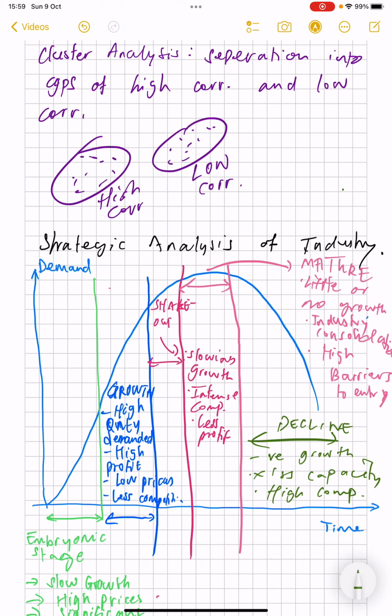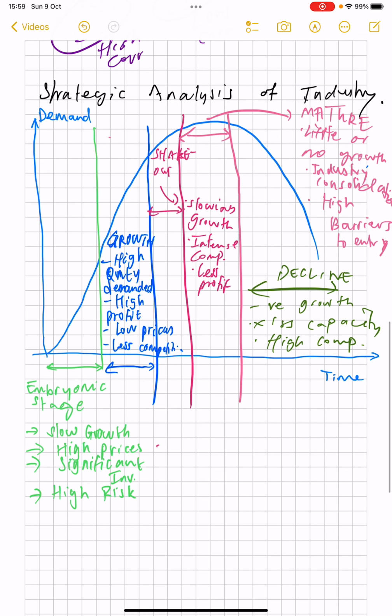All right, so that's a little introduction to the strategic analysis of an industry.